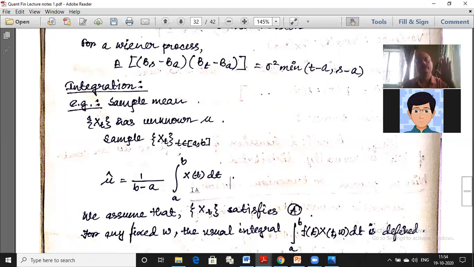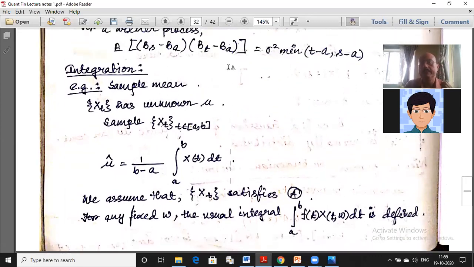Because if the sample version is an integration, then to understand its properties, I will need to understand the properties of that integral when the integrand is a stochastic process or a random variable. And that is exactly the same requirement as to understand how to define and solve a stochastic differential equation, because that will also require integration of a random variable. And that integration we now need to define and understand.